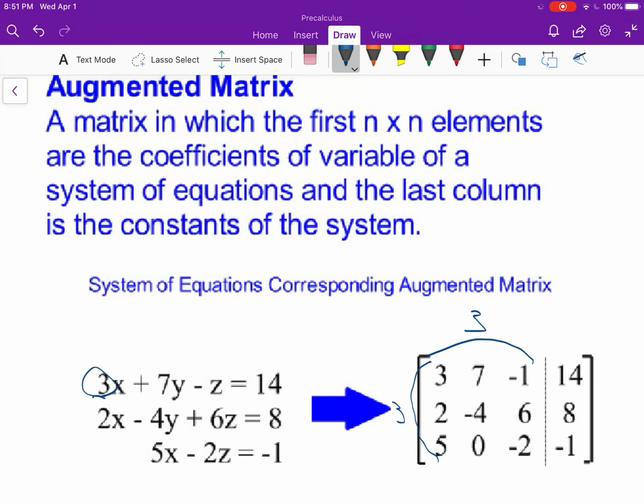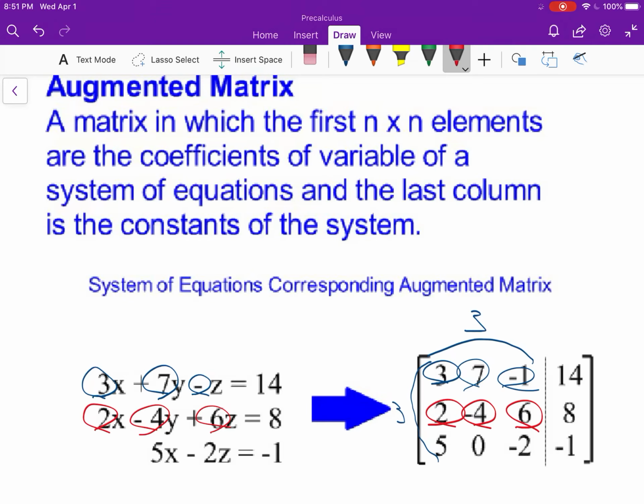So 3, 7, -1. And the next column is 2, -4, 6. And then the last one is 5. There's no y value, so 0 for y and -2. And then this last column you see is the constants.